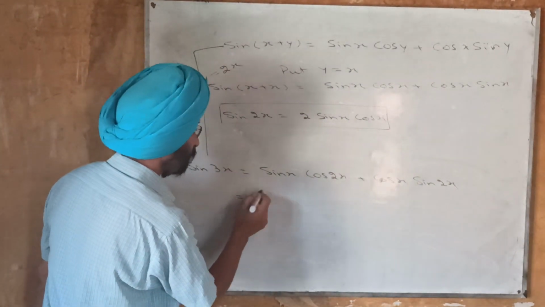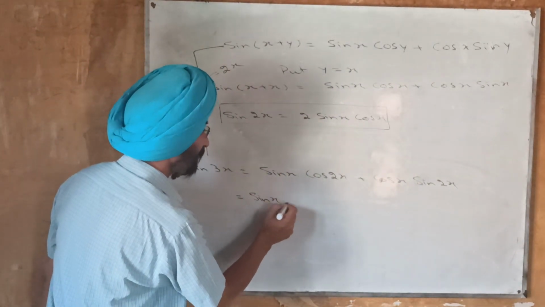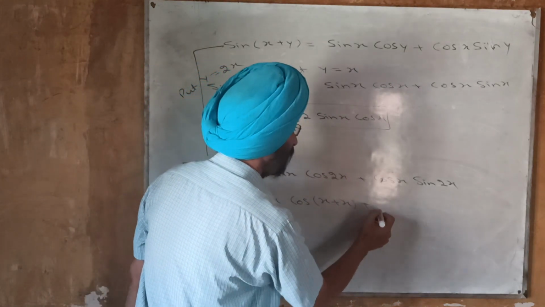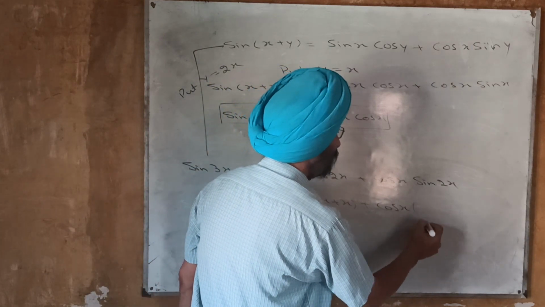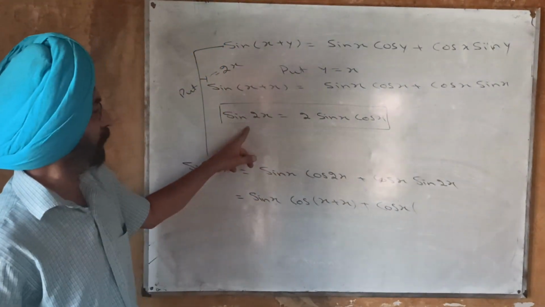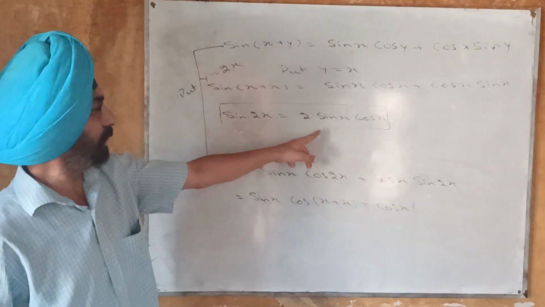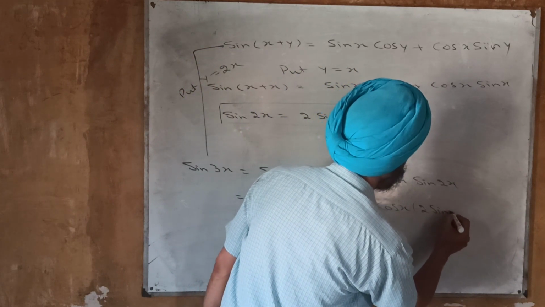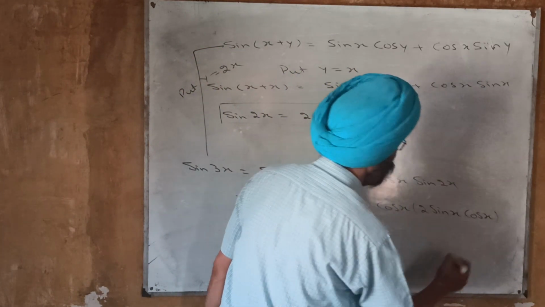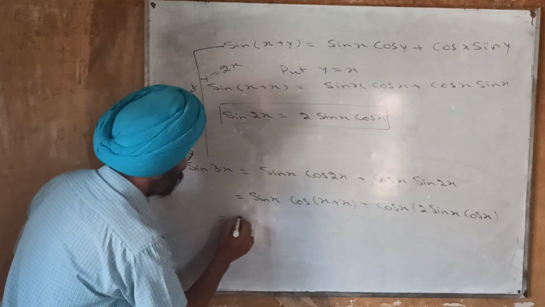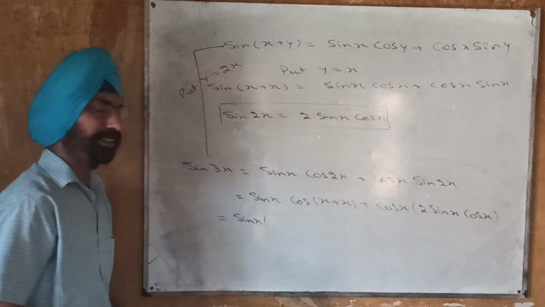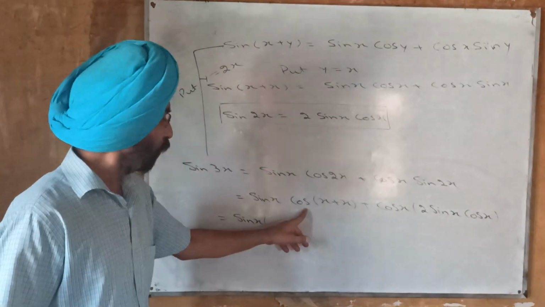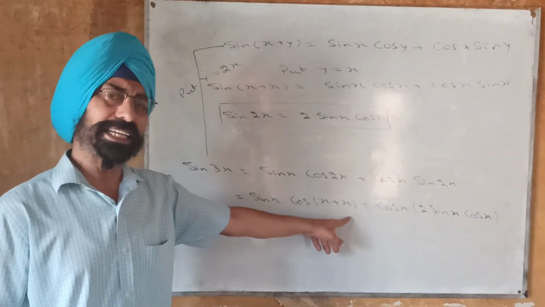What I am going to do now, this sin x is as it is, this cos 2x I am going to write as cos x plus x, this cos x is as it is, and for sin 2x we know that sin 2x is equal to 2 sin x cos x. So I am substituting this value here. So it is 2 sin x cos x. Move further ahead, sin x, and for this cos x plus x, apply the formula for cos x plus y, taking y as x.